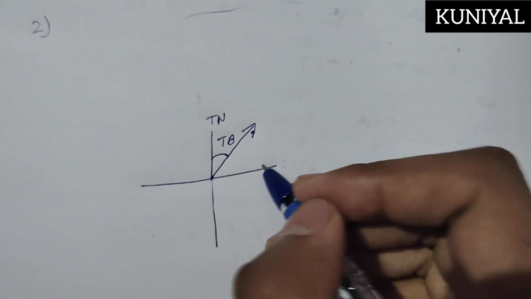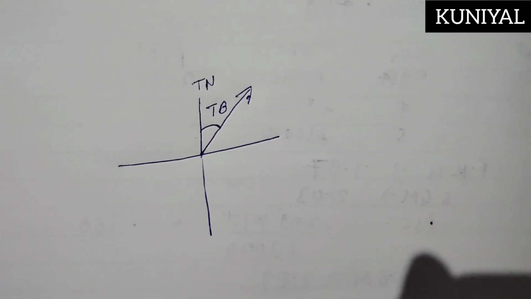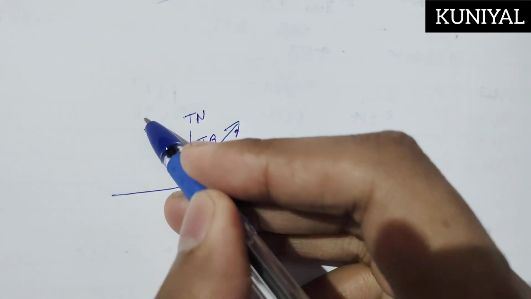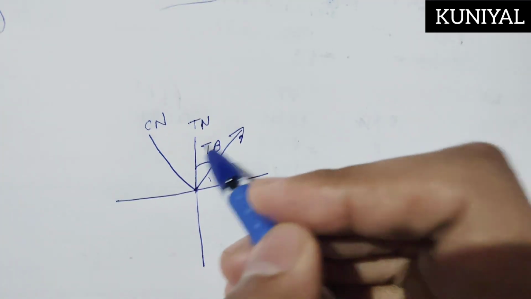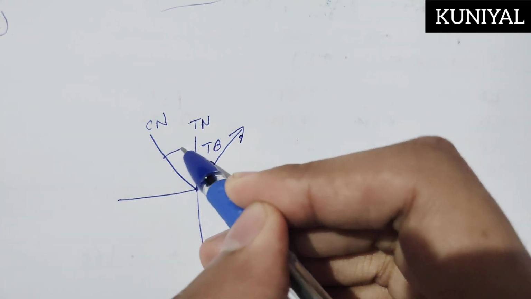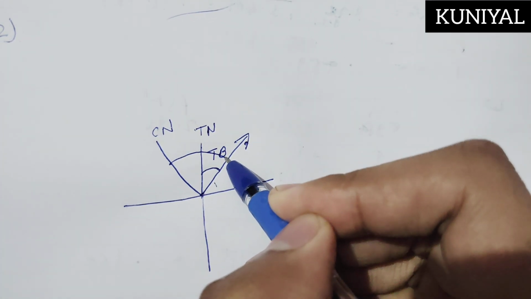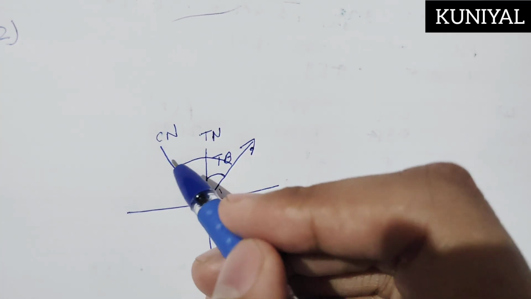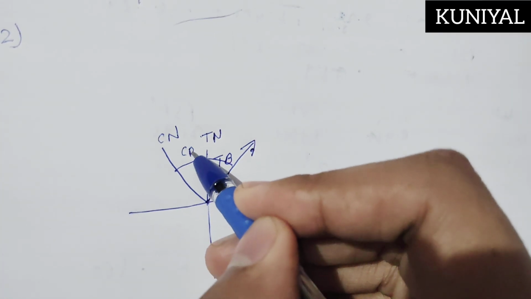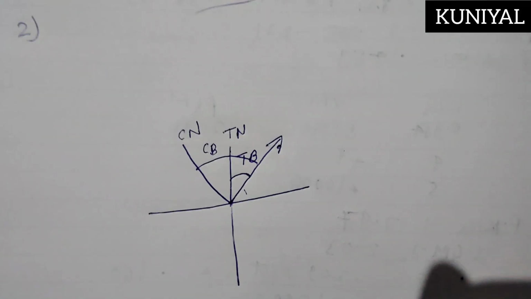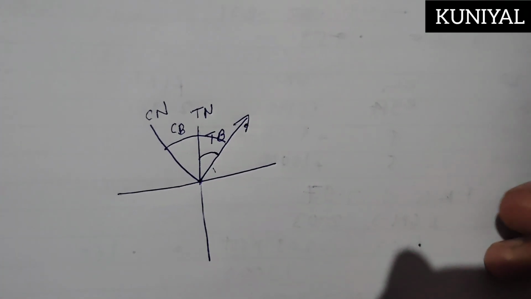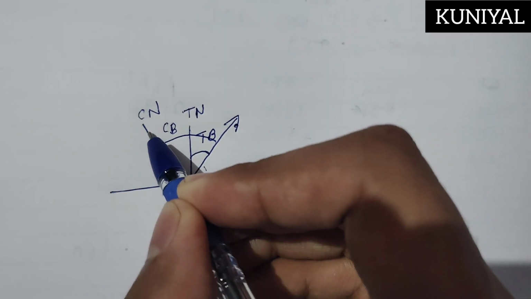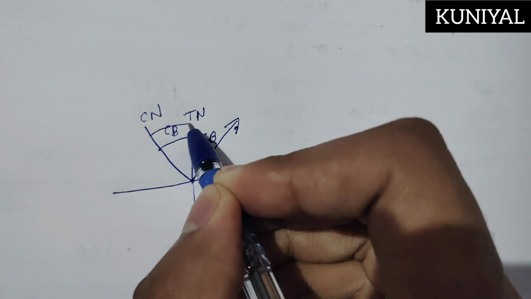Similarly, suppose here is compass north, then the angle between compass north and the object which we are seeing from our ship is called compass bearing. And what is compass error? It is the difference between compass north and true north.